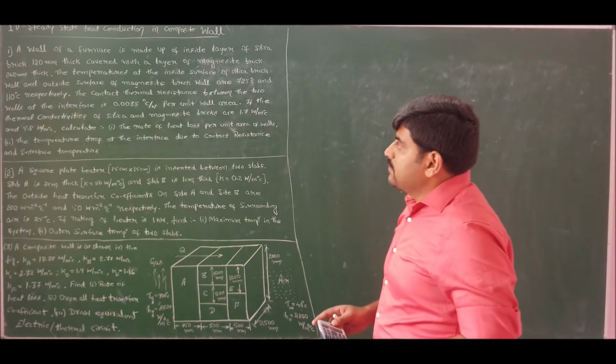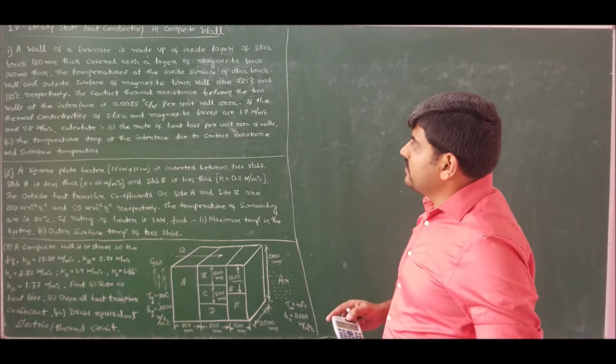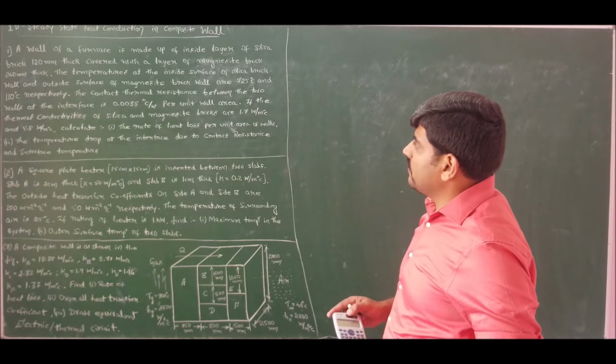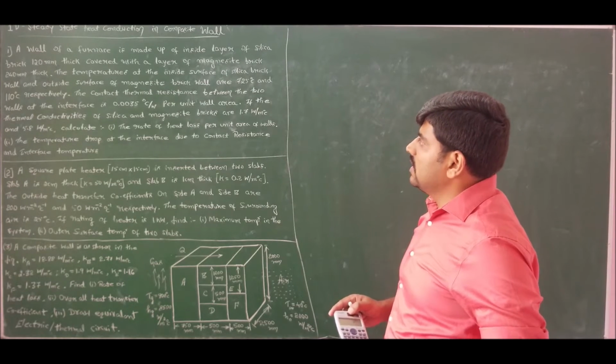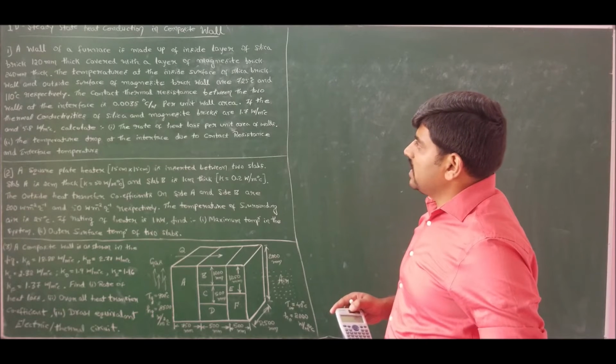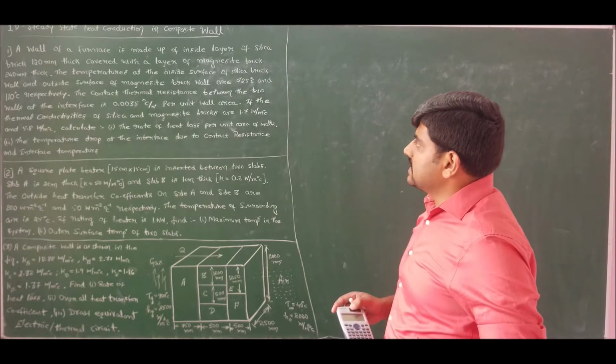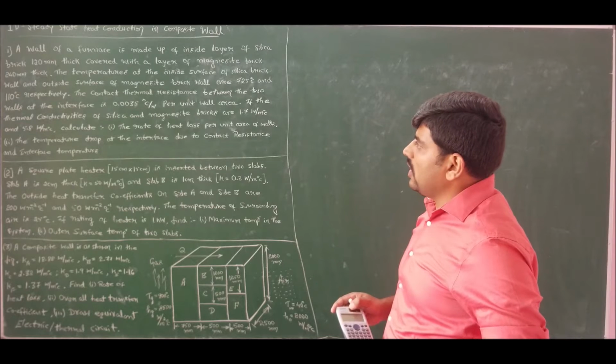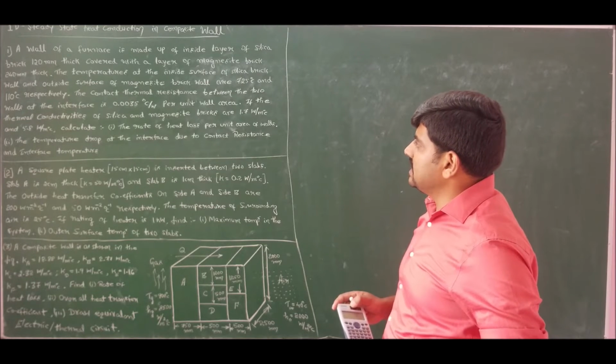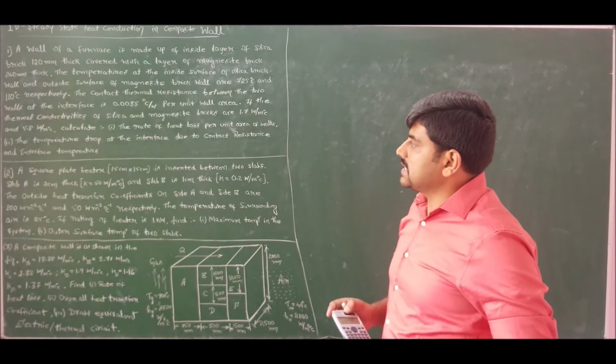Now moving ahead, problem number 1 states that a wall of a furnace is made up of an inside layer of silica brick 120 mm thick covered with a layer of magnesite brick 240 mm thick. The temperatures at the inside surface of the silica brick wall and the outside surface of the magnesite brick wall are 725 degrees Celsius and 110 degrees Celsius respectively.